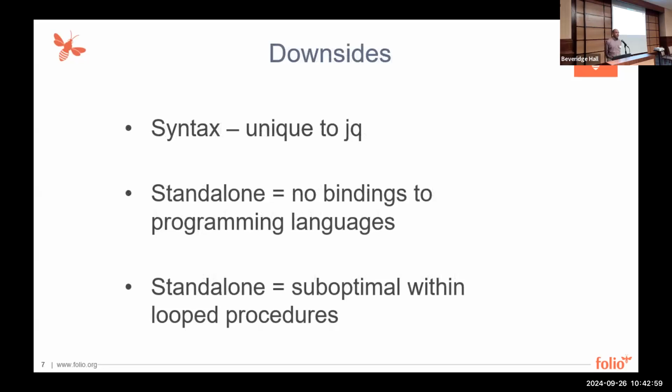Syntax. The syntax is, well, you're going to hate it. It's its own thing. For some of you that do Unixy type things, there's going to be some stuff that's a little bit familiar, but for the most part, it's its own bird. And the good news and the bad news is the same thing. The standalone, how you don't need anything to run it?